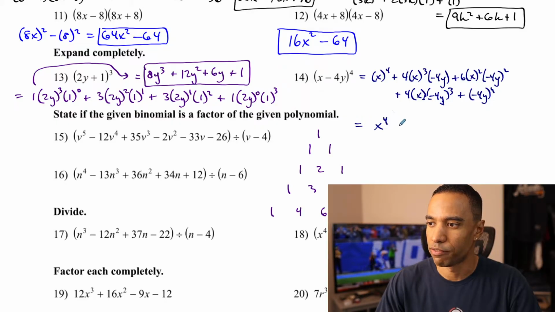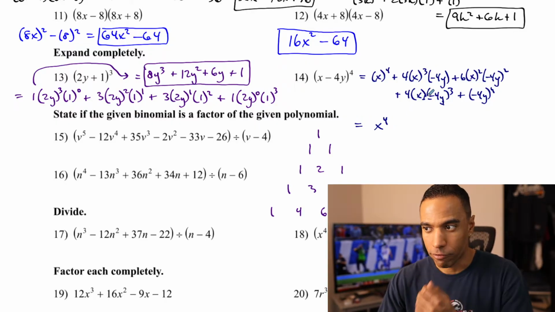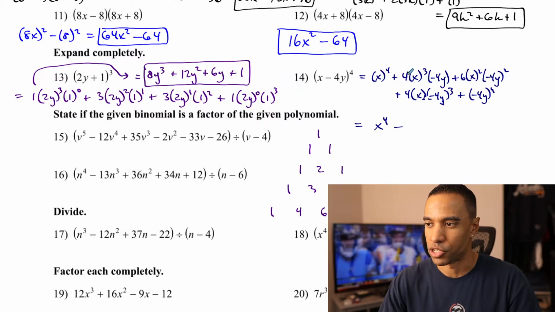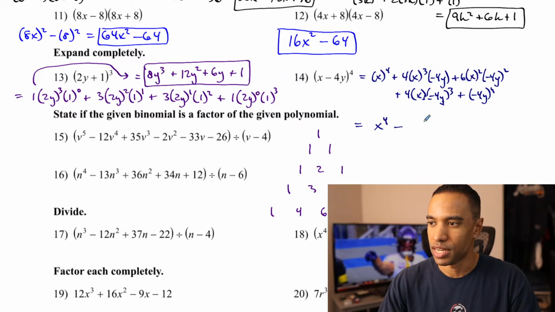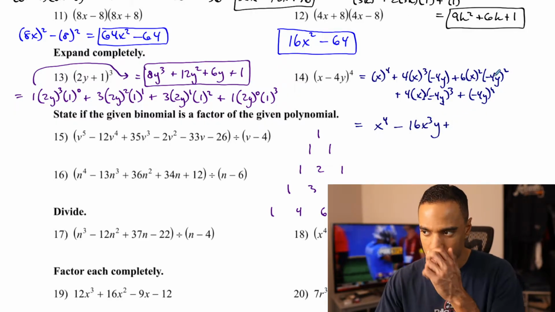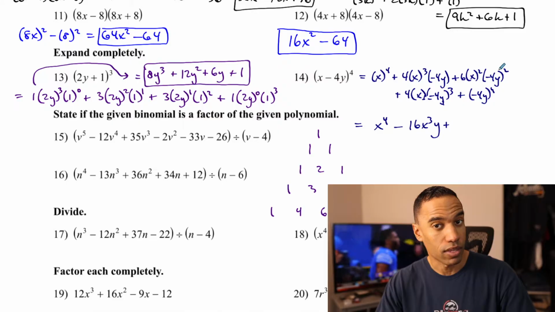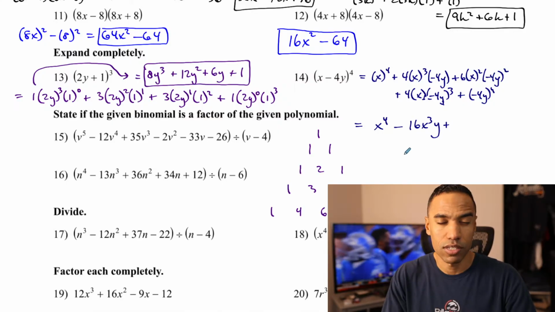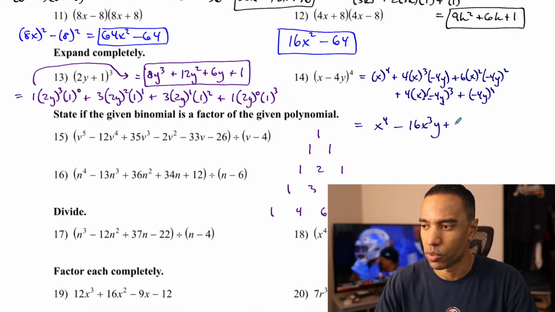This will equal x to the 4th. Now, negative 4y, the negative will give us a minus here. 4 times 4 is 16, and I have x cubed y. Plus, and I say plus because negative 4 is about to be squared. That'll give you positive. 16 times 6 is 96. So 96x squared y squared.